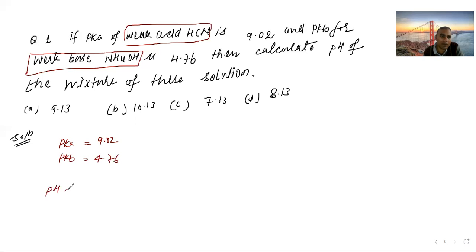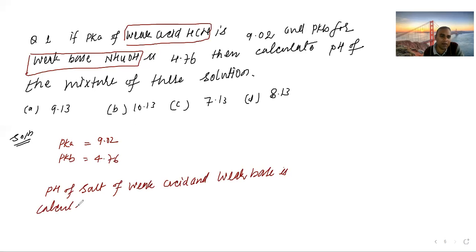So the pH of the salt of a weak acid and weak base is calculated as, we don't need the formula derivation, directly 7 plus 1 by 2 (pKa minus pKb). Very simple.